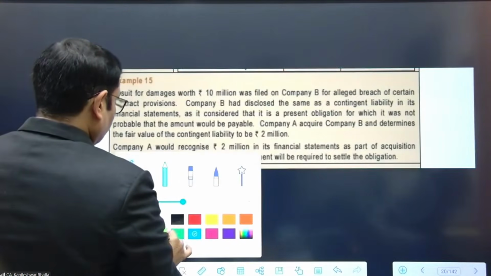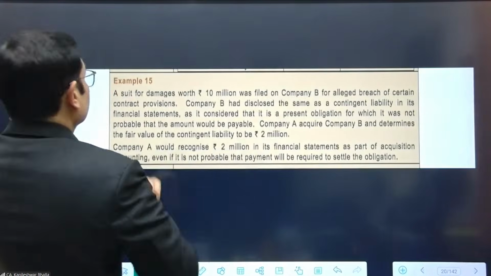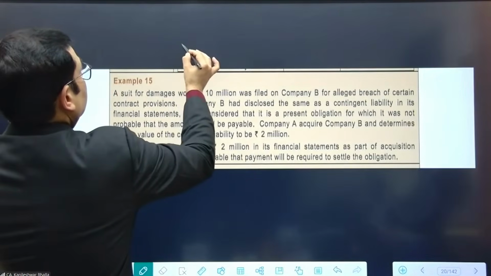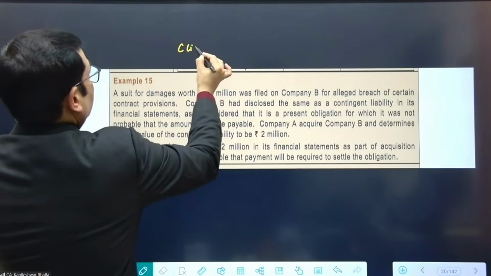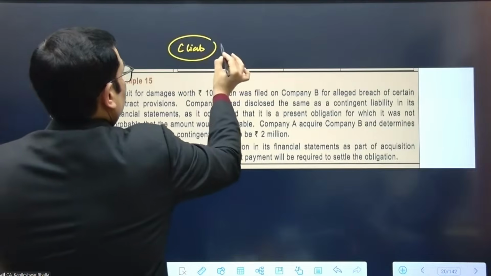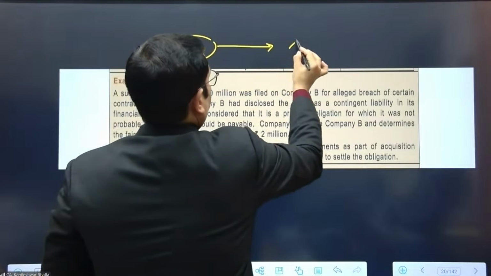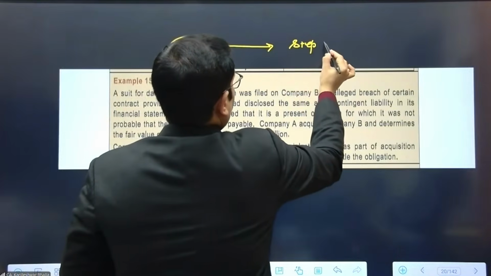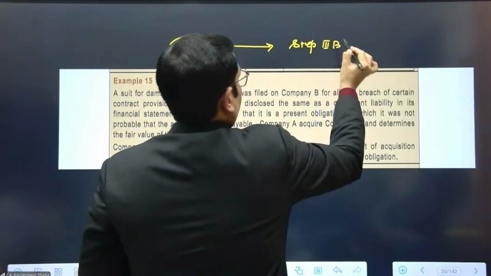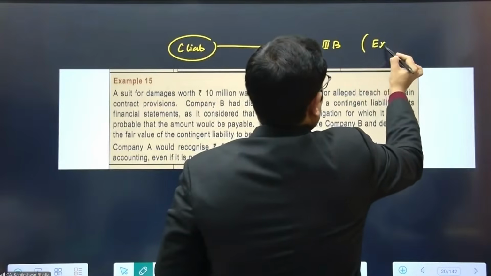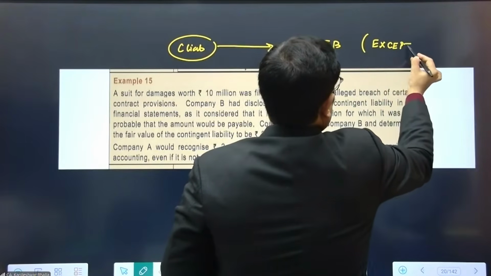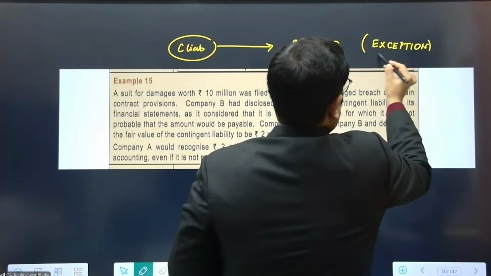Let me put the heading out here. So this is the case of contingent liability. You can see the exception to the step number 3B, which is on the contingent liability.